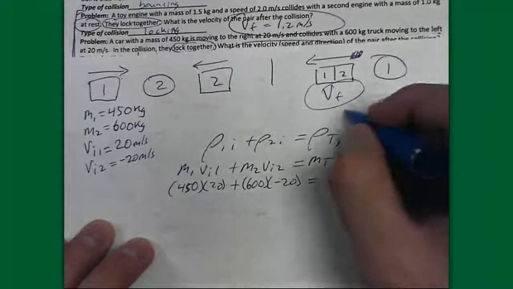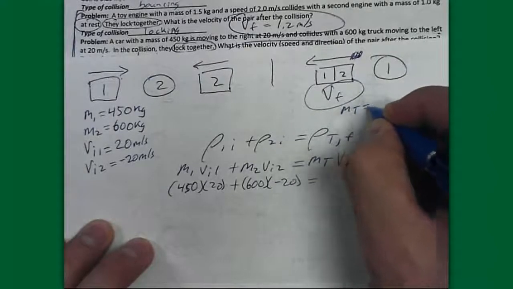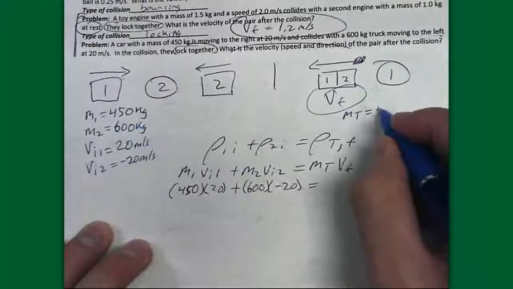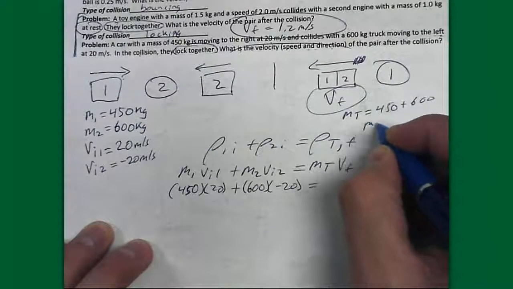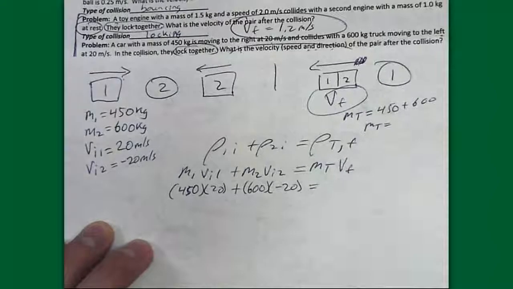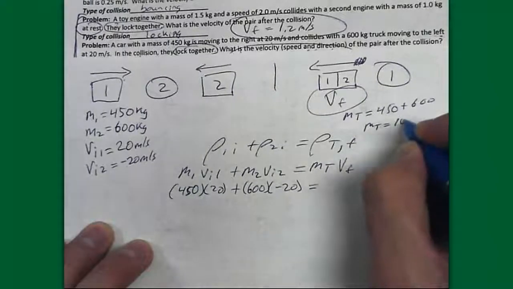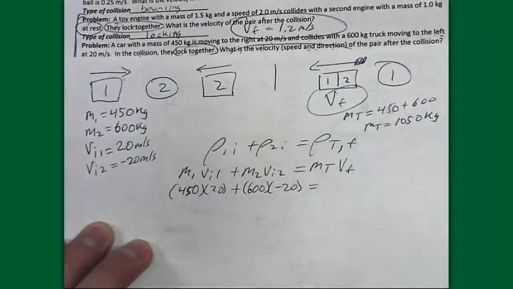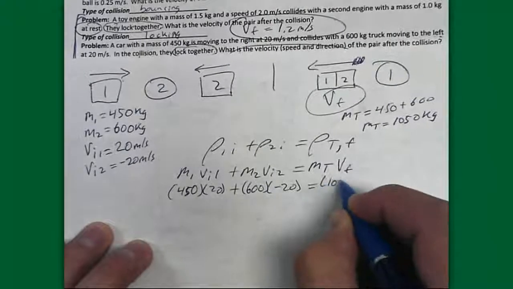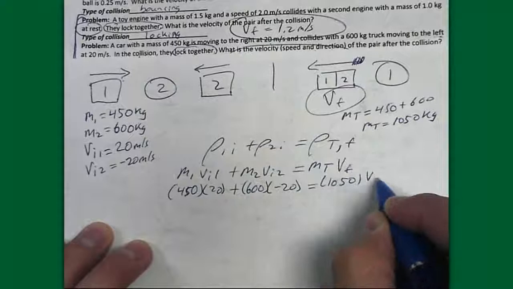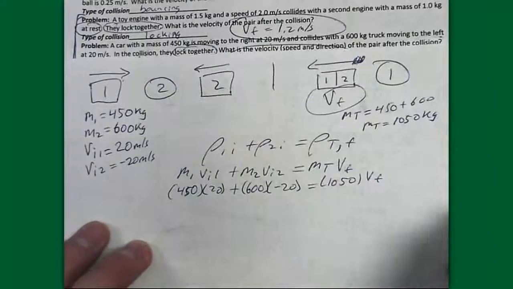The total mass is these two added together. That's 450 plus 600, which gives us a total mass of 1,050 kilograms. So 1050 goes in here times VF, which is what we're solving for.